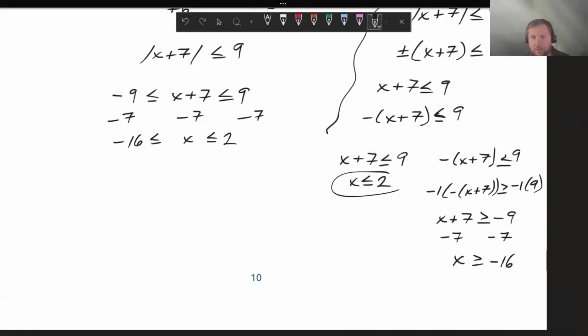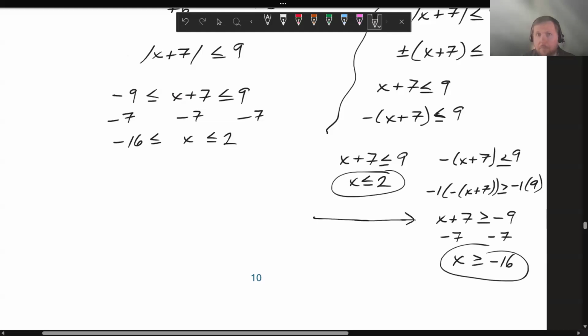So now I have these two inequalities, and I have to put things together. When they're separated like this, it might be easier to keep track of things if you make a little number line graph for yourself. So less than or equal to 2 means it's going this way.